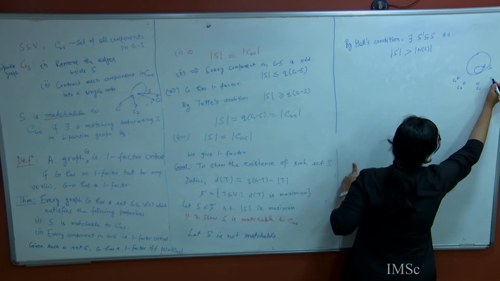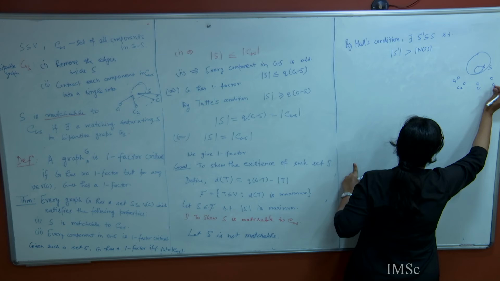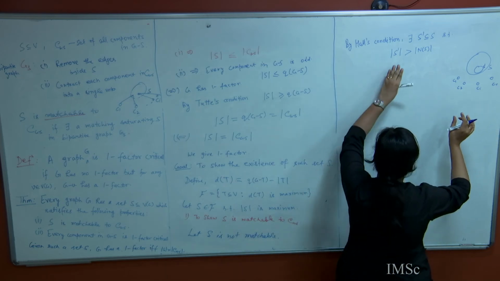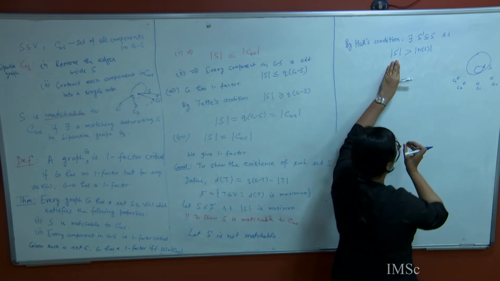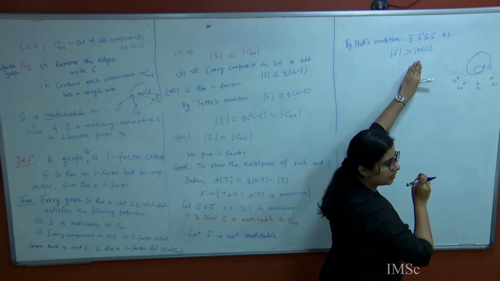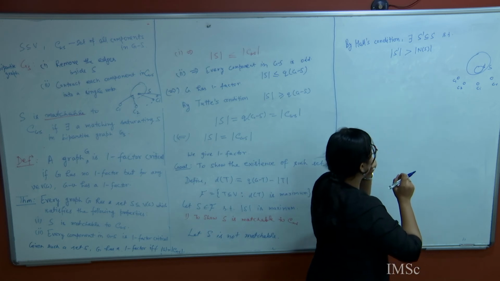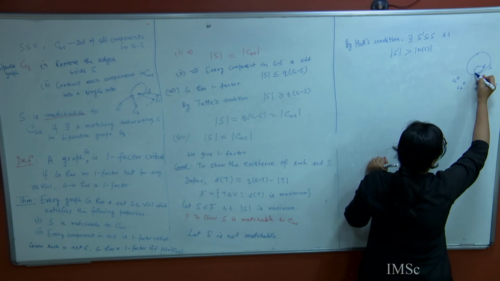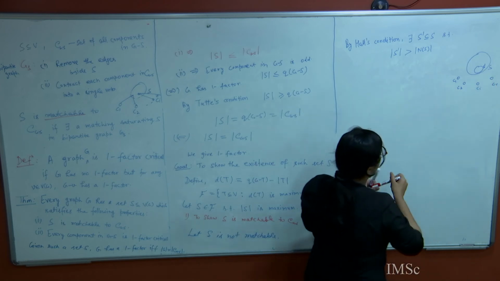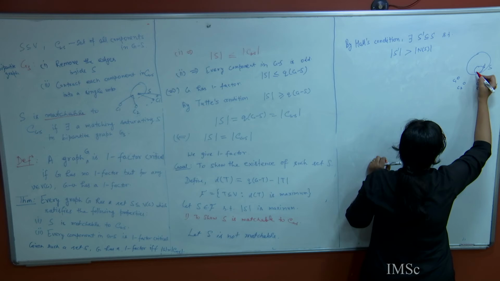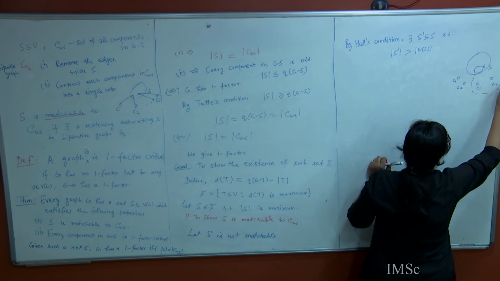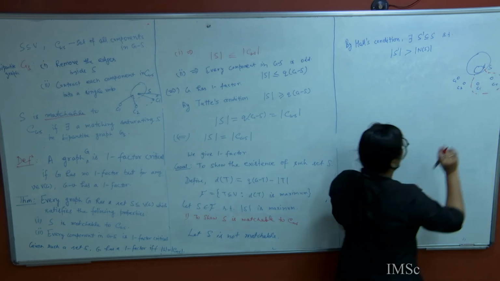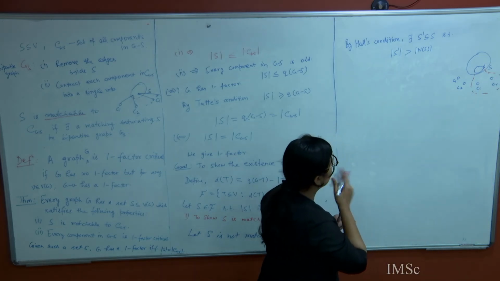For this set S prime, the cardinality is strictly greater than the cardinality of the neighborhood of S prime. So, it has some neighborhood. What does it mean? It sees some of the components. So, say S prime sees these components.